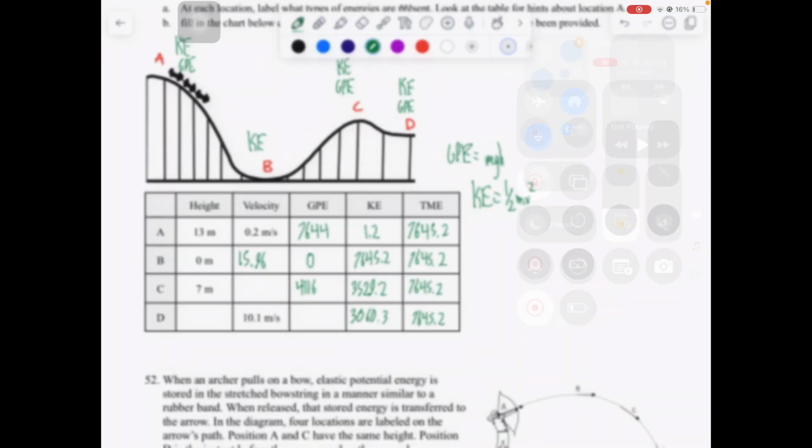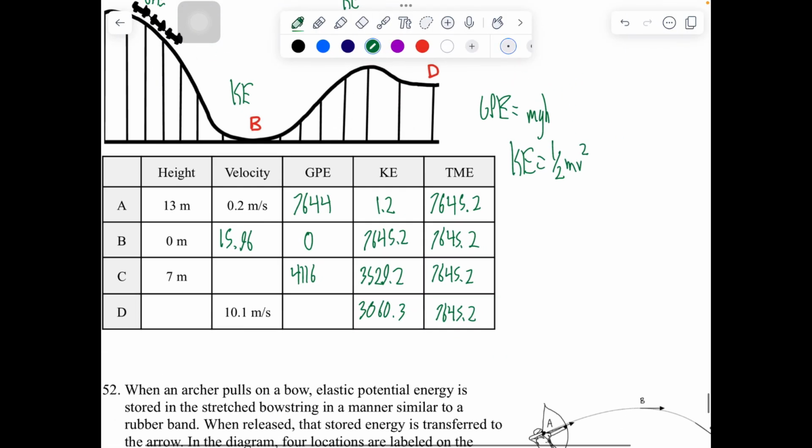Okay, let's double check. Alright. So we keep going. Take our total mechanical energy, subtract our 3060.3 KE, and we find our GPE.